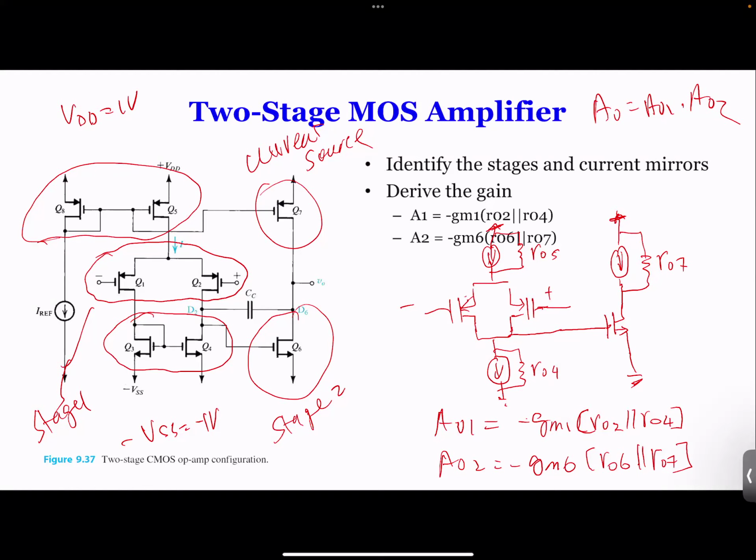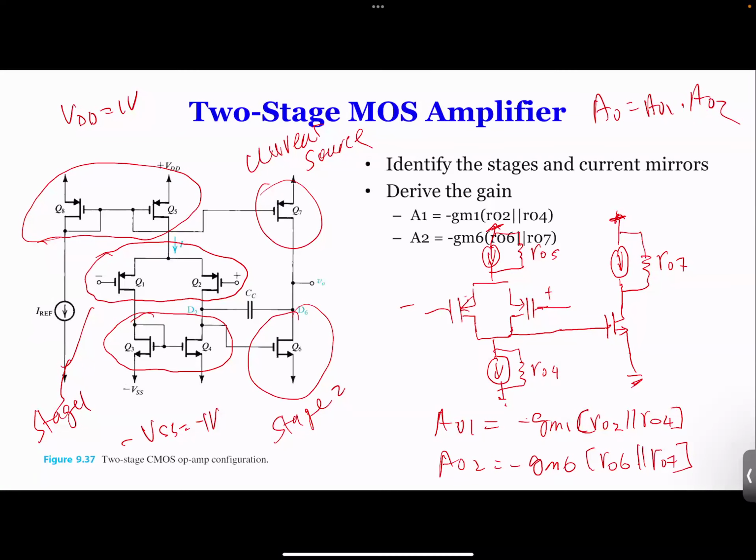And from 0.8 to here, we need a voltage drop. That voltage drop is VGS minus VT, maximum. That's 0.2. So from 0.8 to 0.2, that's how you're going to get your voltage.